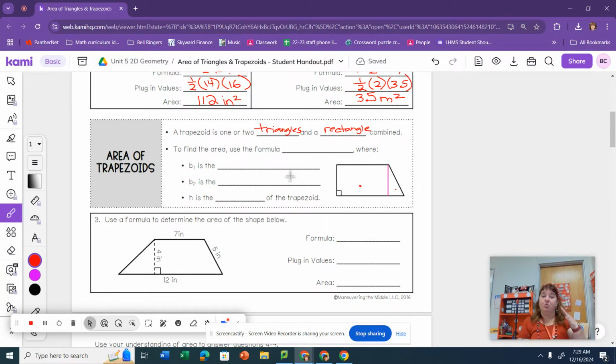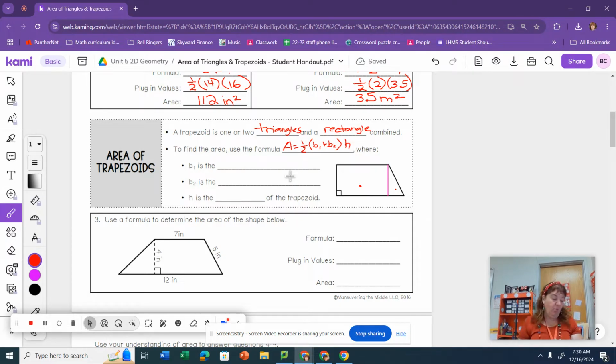Okay, so to find the area, you use the formula A equals 1/2 of B1 plus B2 and then times the height.